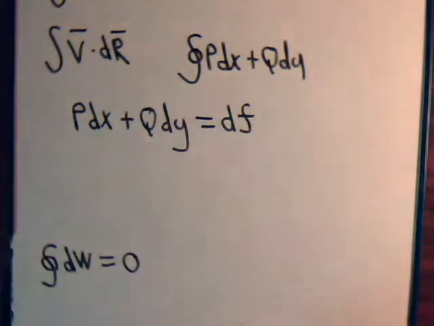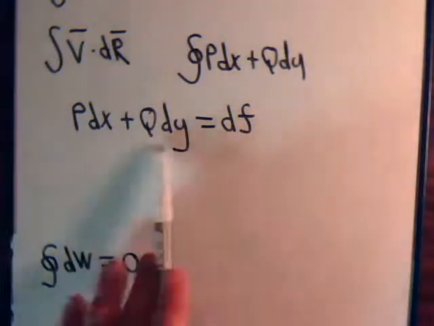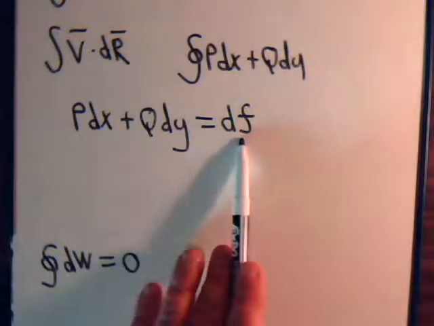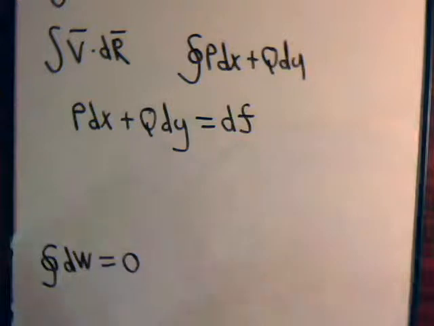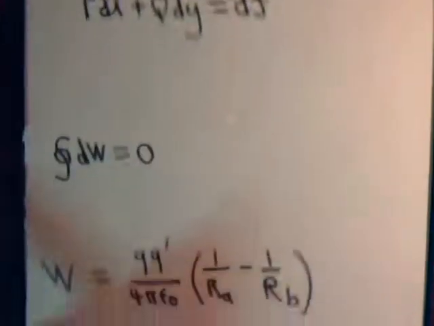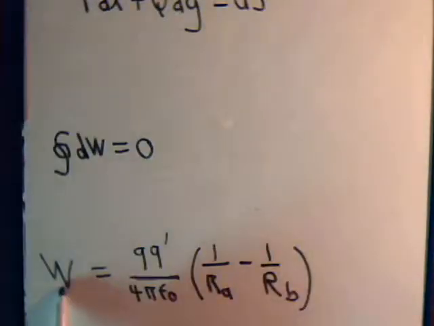Or when we say we have an exact differential, as you saw in our previous two videos, what that means is this expression is the differential of some function. So does that mean then that work is the differential of some function? And the answer to that is yes. It's called the potential. And that's where the potential arises from.